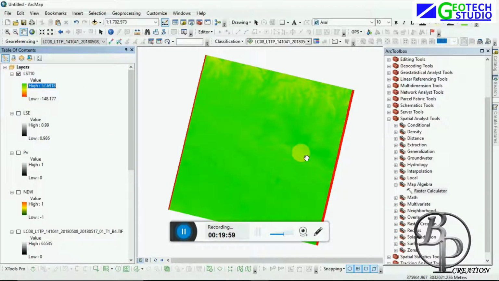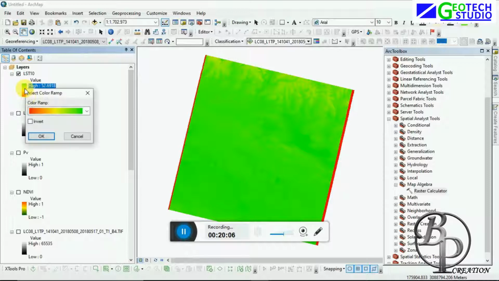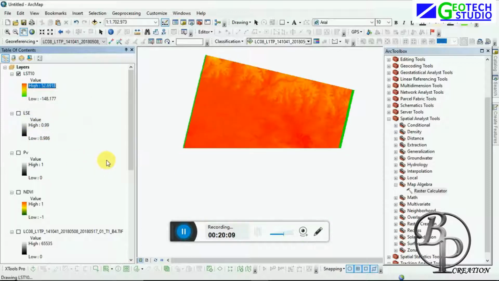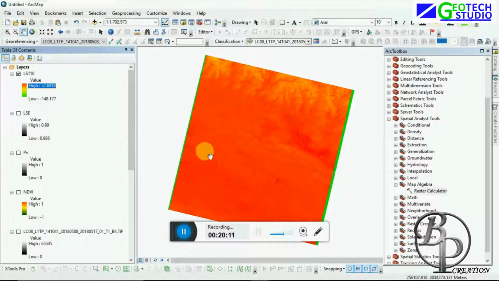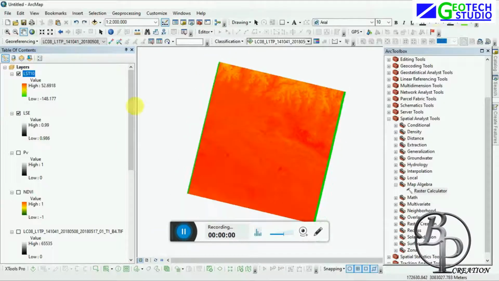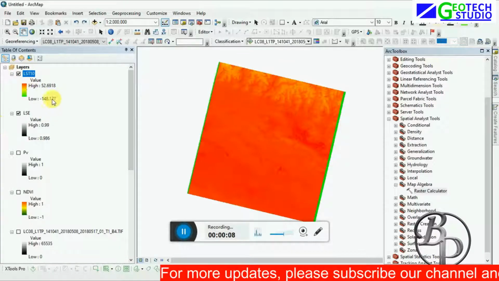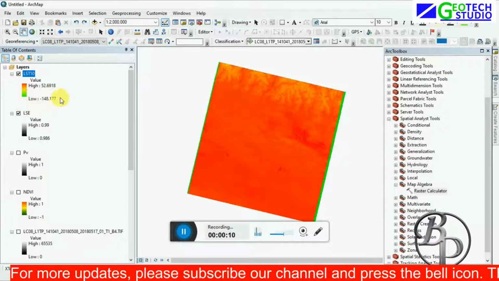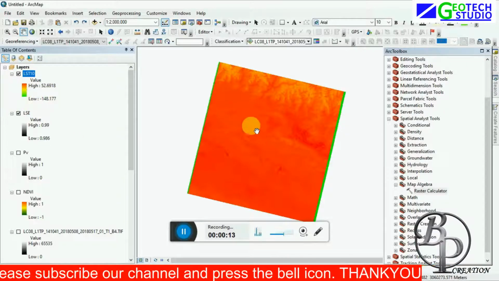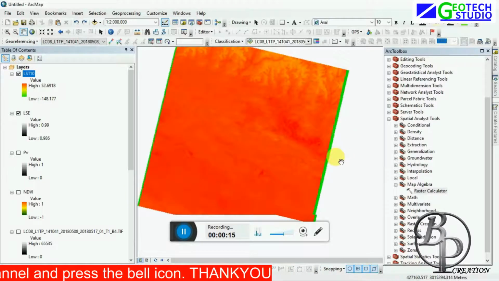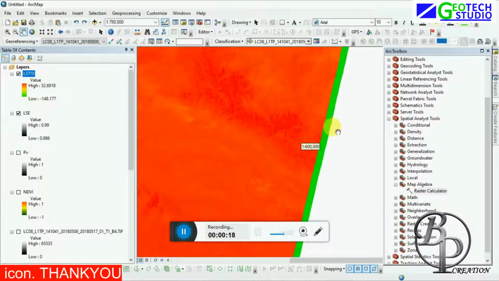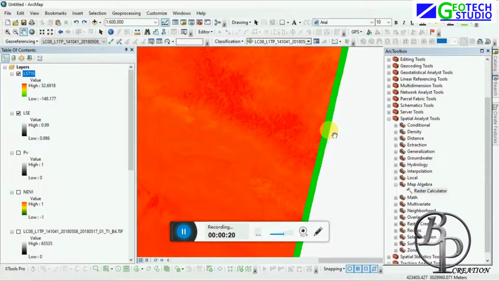No, it looks similar, so I am gonna change or invert my color ramp so we can analyze it easily. It looks sweet, as our map is a temperature map, so it looks pretty good. Now this low value is of that boundary data. We can identify it by using the identify tool. I am zooming in.